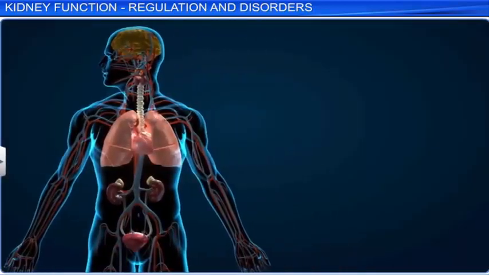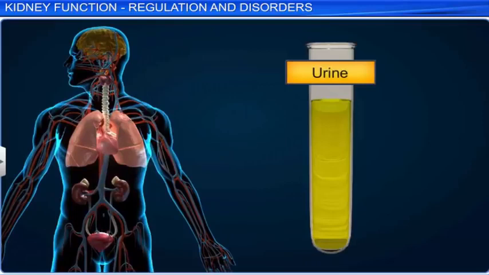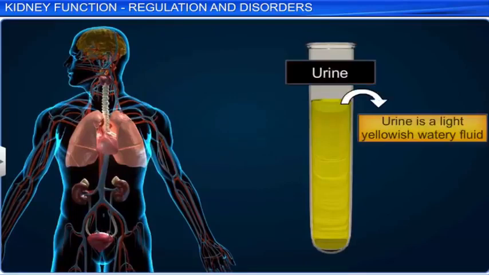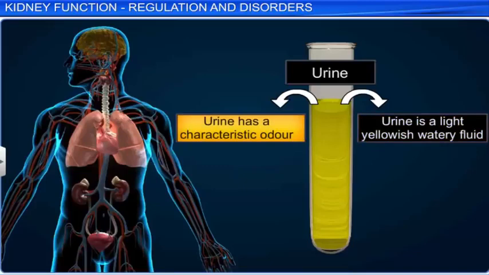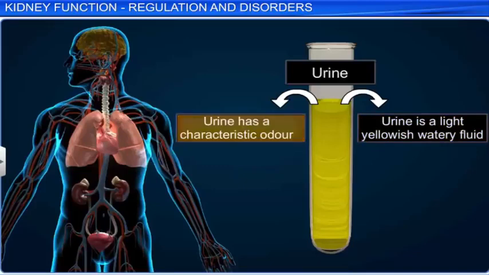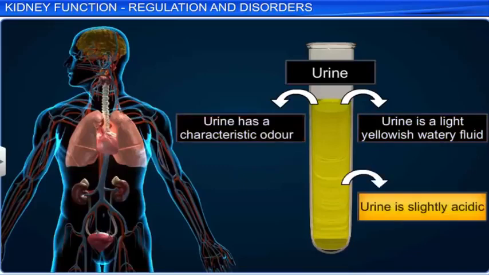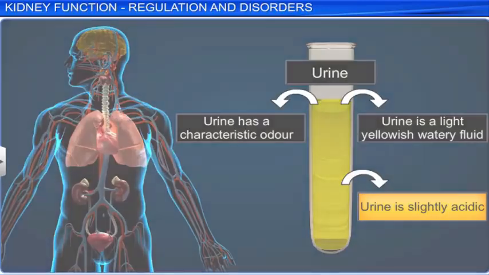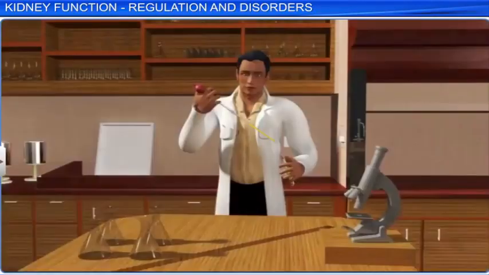On average, an adult human releases about 1 to 1.5 liters of urine every day. The urine released is a watery fluid that is light yellowish in color. Moreover, it has a characteristic odor and is slightly acidic, with a pH value of 6. The characteristics of urine can change according to different body conditions.